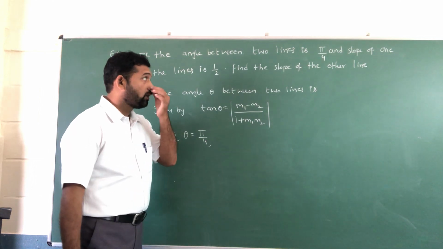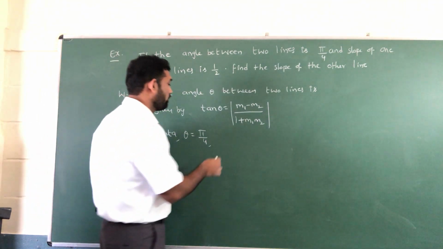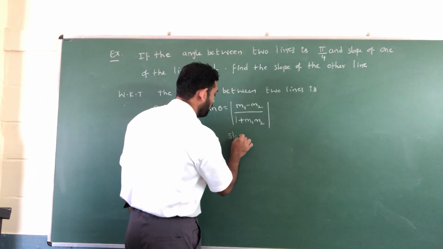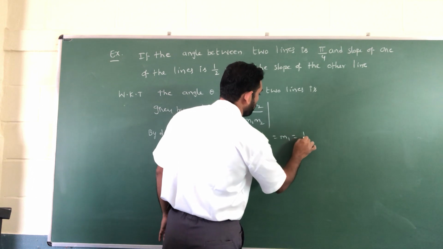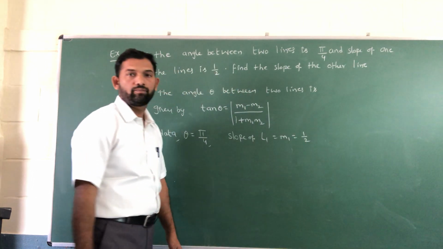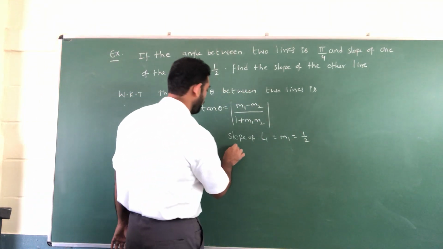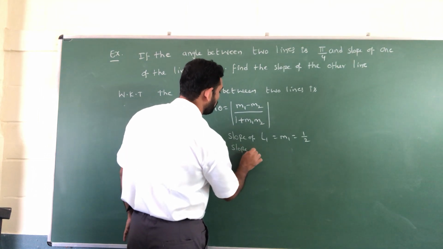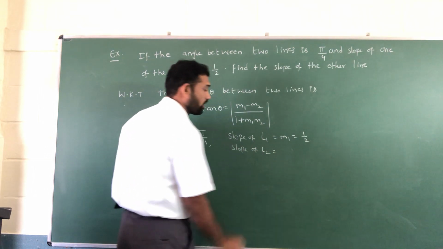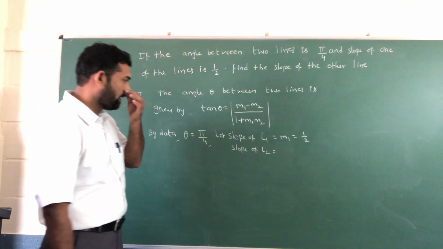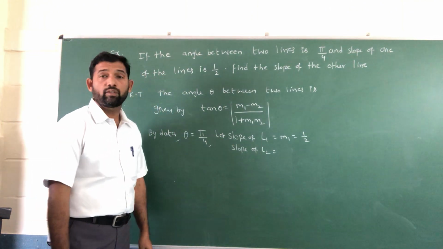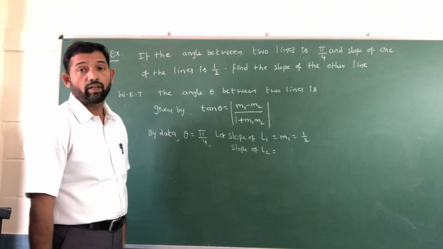And also the slope of one of the lines. Slope of L1 is equal to m1. How much is given? 1/2. So we are going to simplify. Slope of the other line I will consider L2. So let the slope of line L1 be m1, given 1/2.